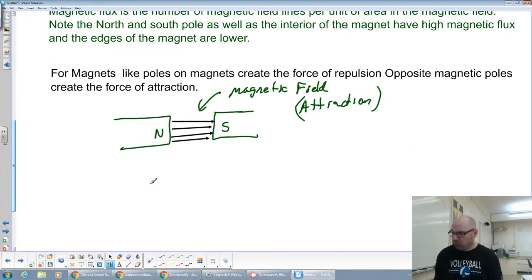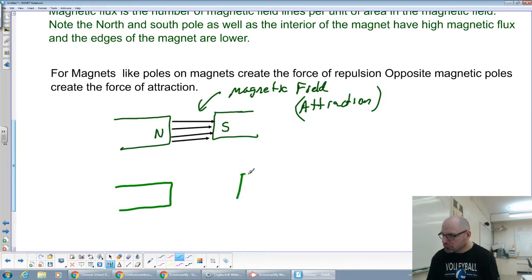If we see two norths together or two souths together, let's just do two norths. We have a north here and a north here.